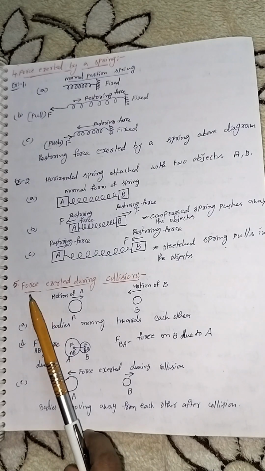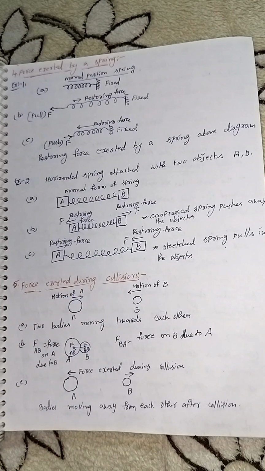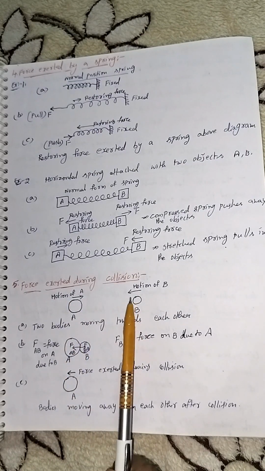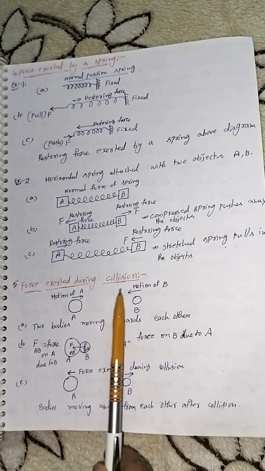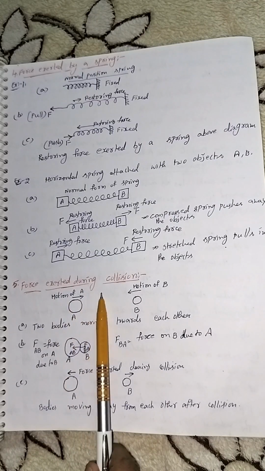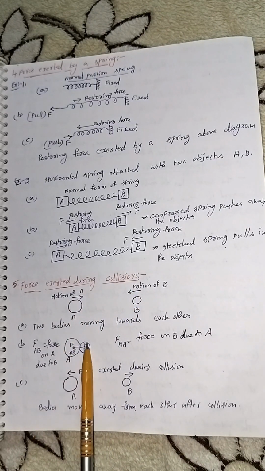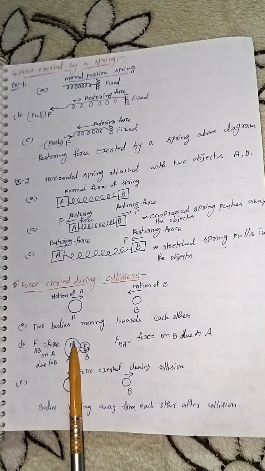Next one, force exerted during collision. Bodies are moving towards each other. In the first case, the two bodies are moving towards each other. What will happen? The two bodies collide. So this is FA, this is FB.